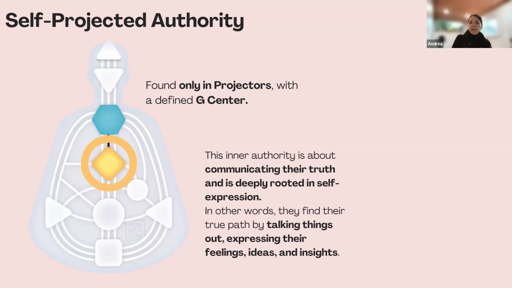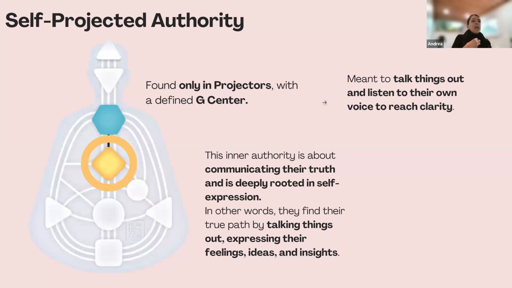I had someone in the group that I was part of last year, the course that I took, who had self-projected authority. He was a projector and he had this authority. When he learned the traits of this, he really resonated, because he said he finds help in talking things out. Having a sounding board, having someone to share what's on his mind with.